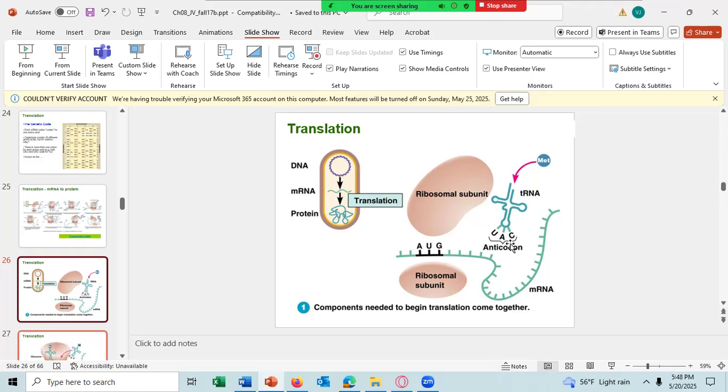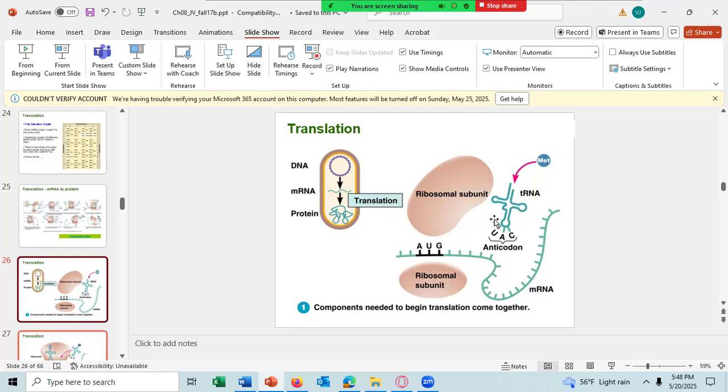And the ribosome stabilizes this link, because there's only 2, 4, 7 possible hydrogen bonds that can even form. But the ribosome stabilizes it so the tRNA can come in and it will bind to the AUG.